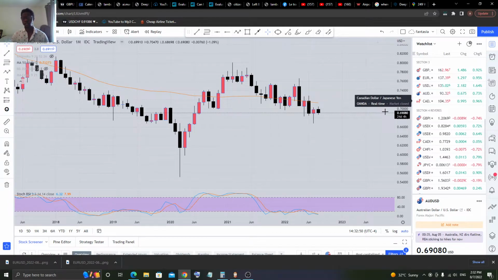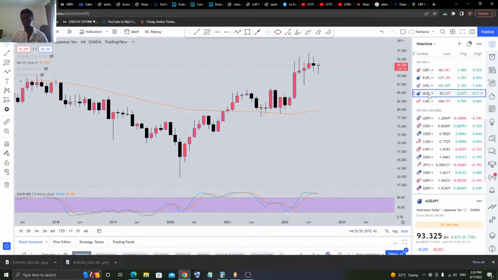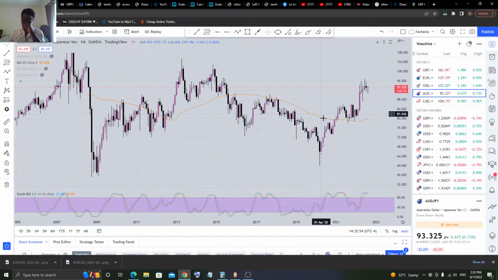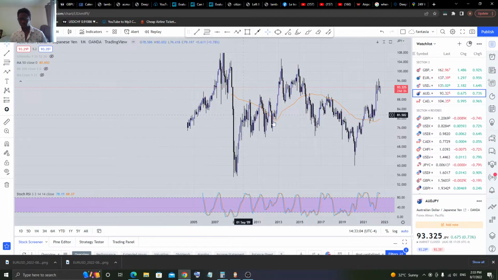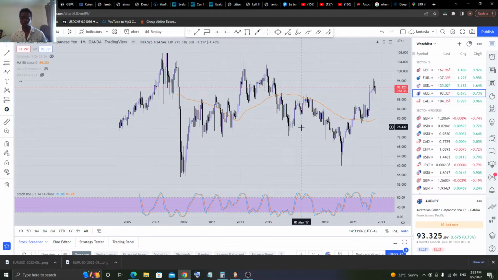So let's start with this. As you know, all the yen pairs are doing the same thing at different levels, right? If you pay close attention, this is what I was telling you. A lot of people don't break down the market from the top to the bottom. That's the problem.